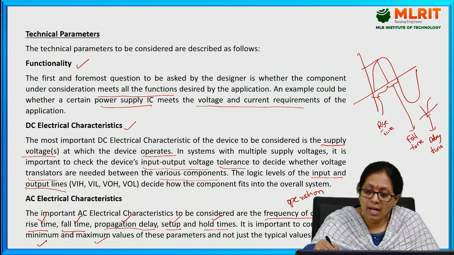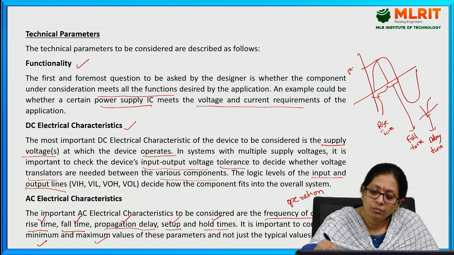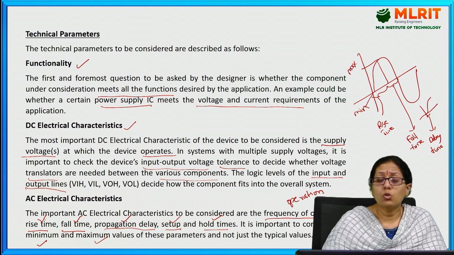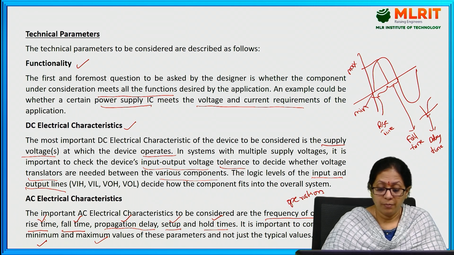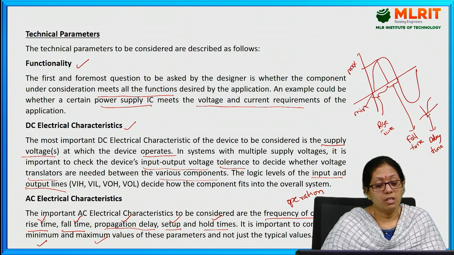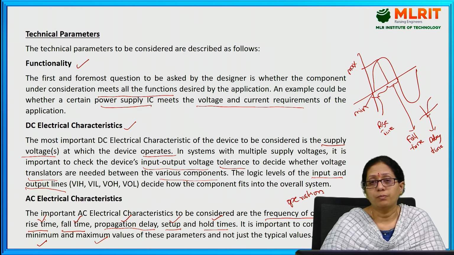This is your maximum value, this is your minimum value. So here in AC components, we need to consider the rise time, fall time, propagation delay, setup and hold times, and minimum and maximum values.